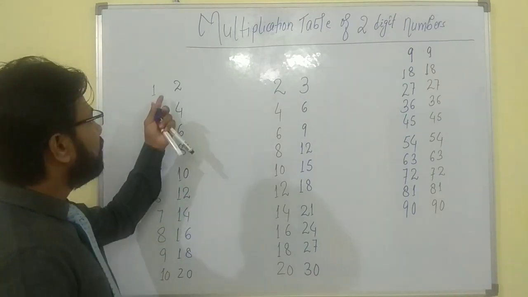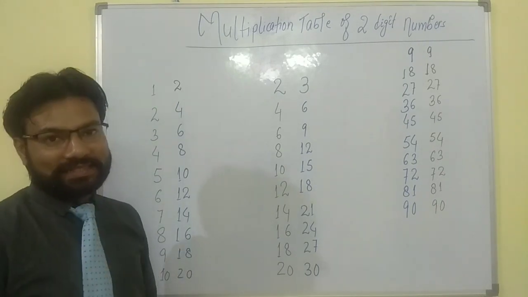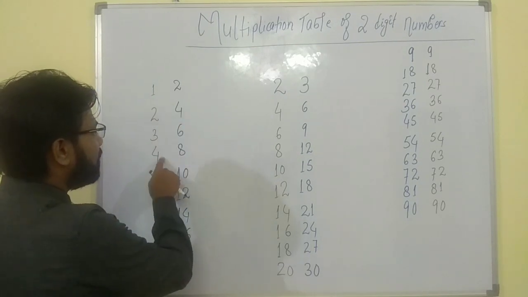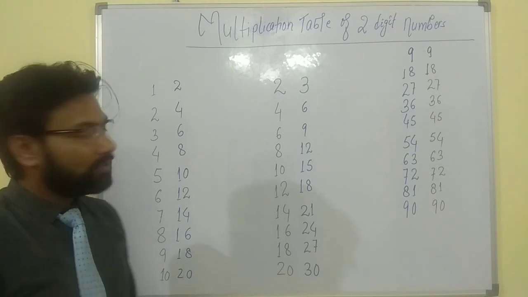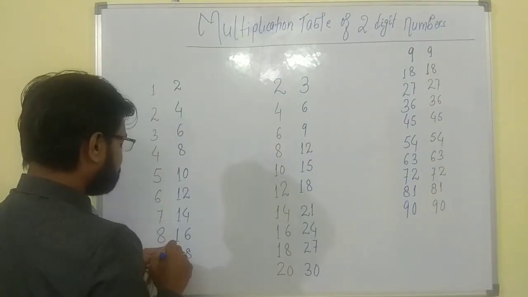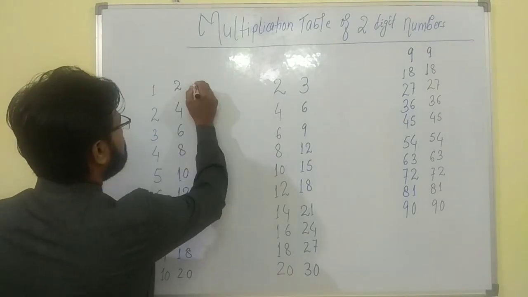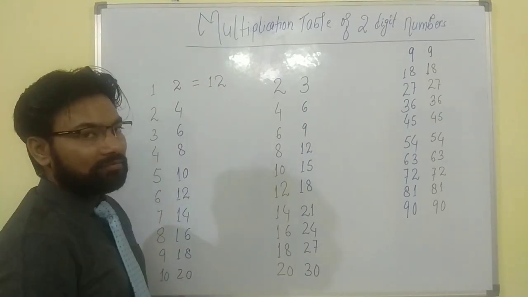After writing the tables, wherever we see single digit numbers, we simply write them as they are in the same order. That means 1 and 2, if we write them together, will give us 12.